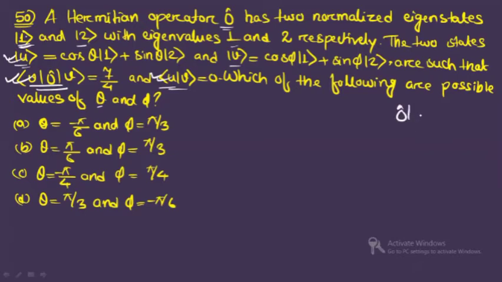These are the two normalized states. Here the eigenvalue for this particular state is 1, and for state 2 the eigenvalue is 2. Now the given states are there, and you have the given values also. So the first thing that we will do is use this condition.